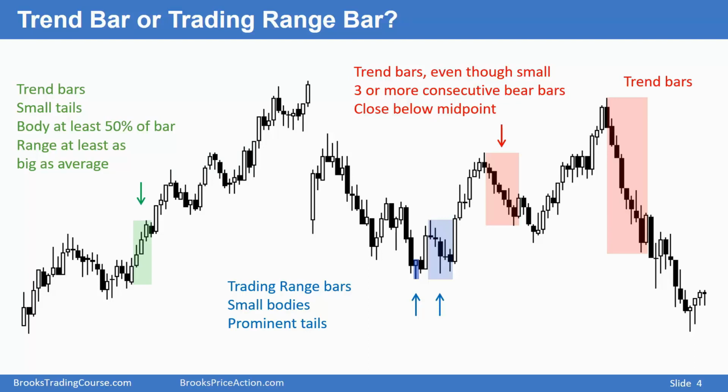Or they'll place a limit order as soon as this bar closes to sell at that close, and the market immediately sells off. Starting to get prominent tails here and here. And then again here, prominent tails, bars mostly overlapping sideways. We're starting to get some trading range price action there. I would call maybe these 2 bars trading range bars.